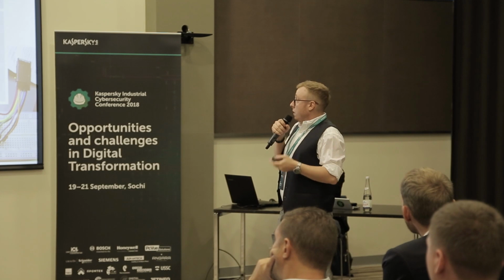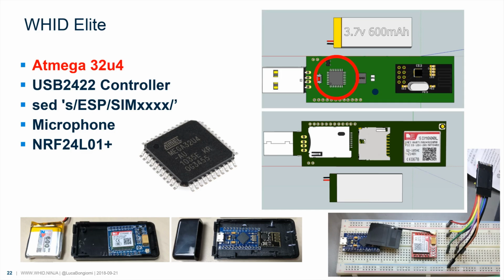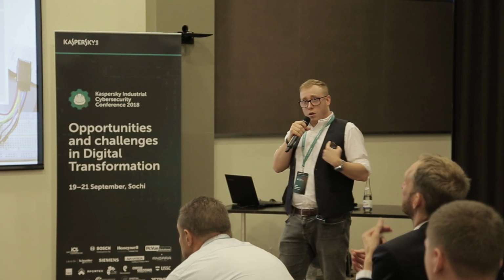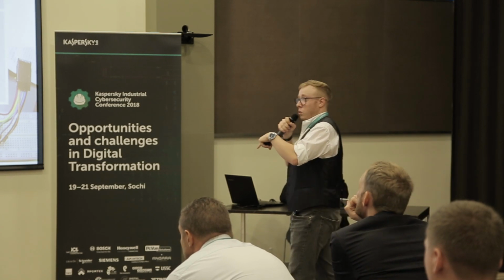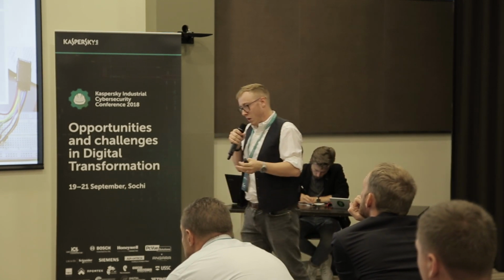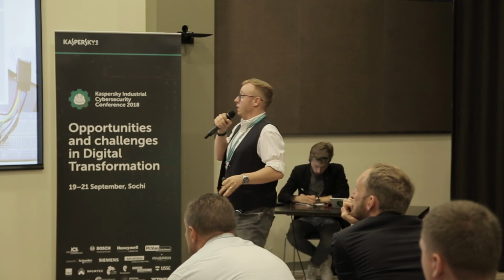Well, it is still using the Atmega 32U4 to emulate a HID, a keyboard and a mouse. It has a USB hub controller. So in this case, did you see the photo before where I was weaponizing a USB mouse by using an external hub? In this case, I embedded the controller in here, so the attacker just needs to solder a couple of wires and that's it.